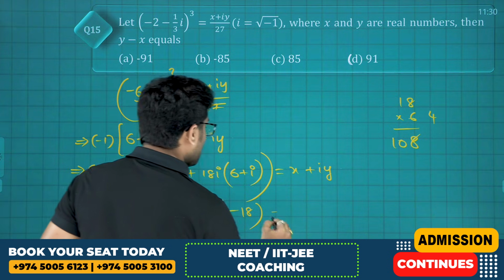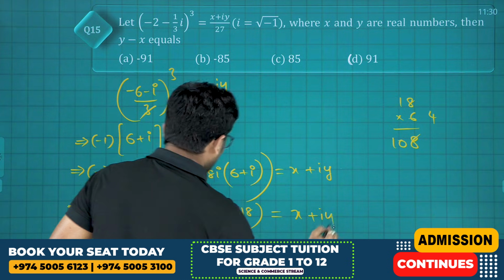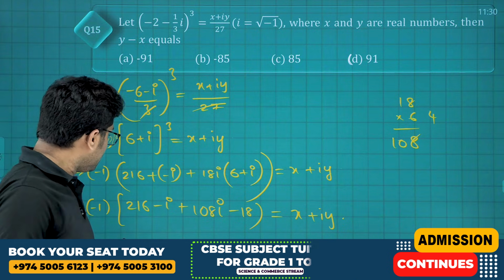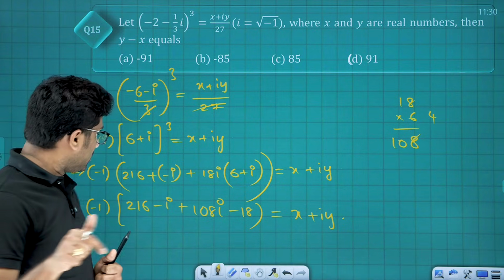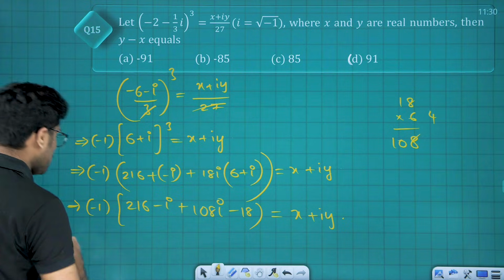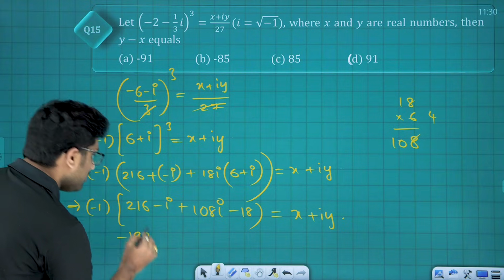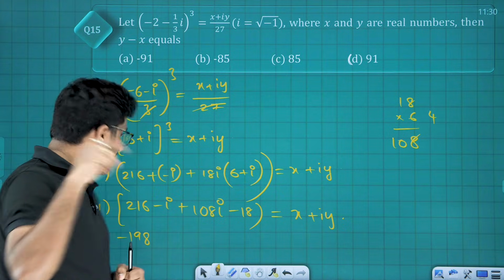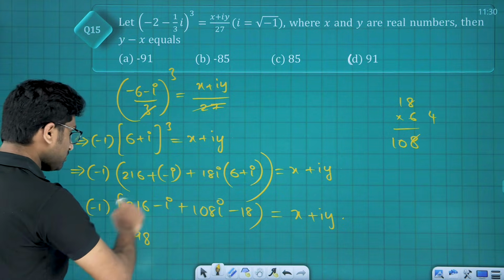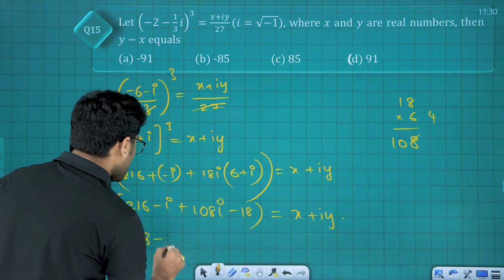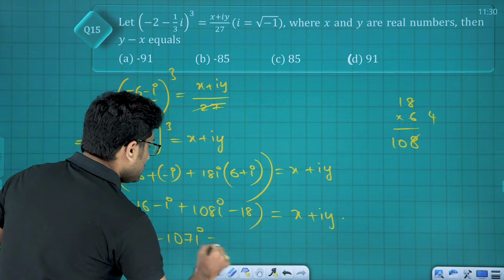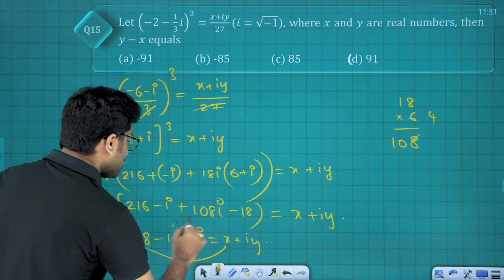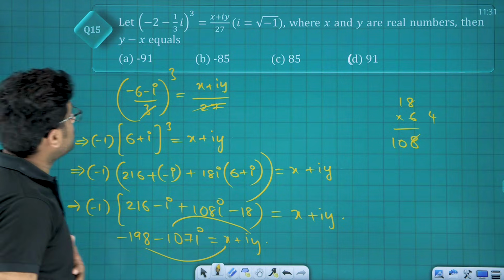So this is equal to x + iy. Now clearly if you see this, 216 minus 18 is 198, correct? 198 into -1, that is -198. Minus i plus 108i is 107i, but minus of this, minus of minus 107i is equal to x + iy. So clearly x is -198, y is -107.